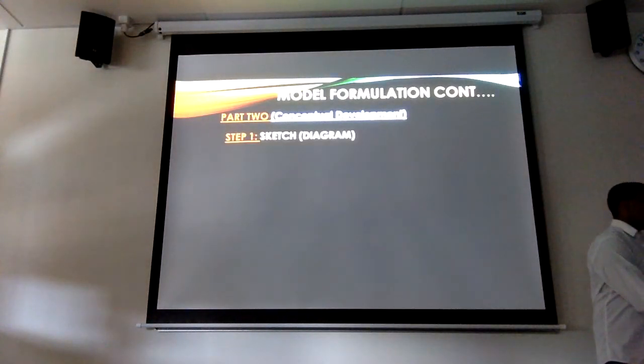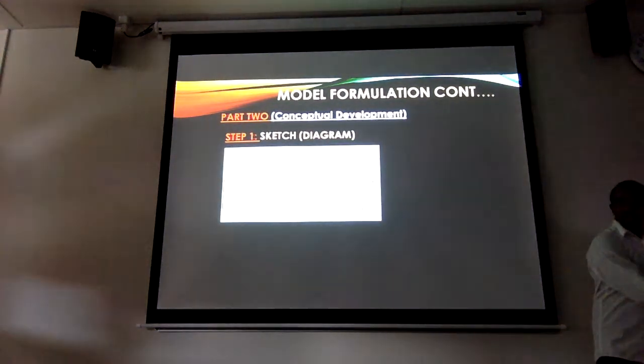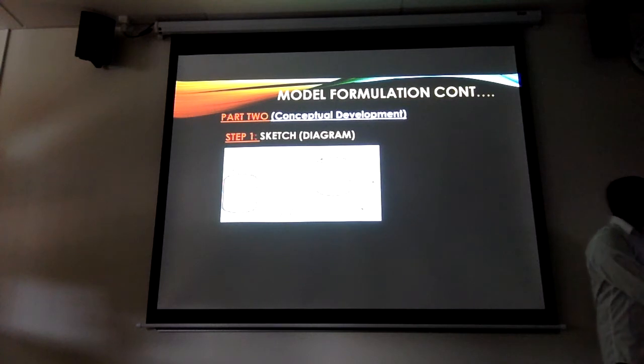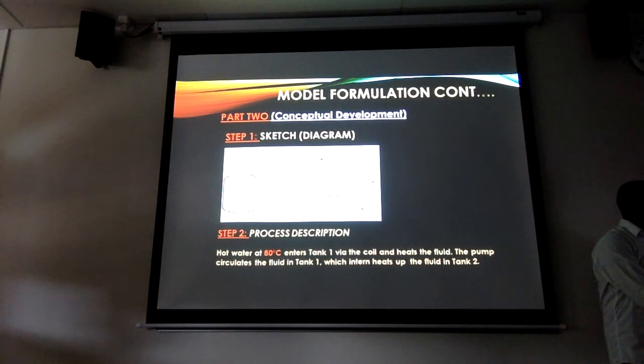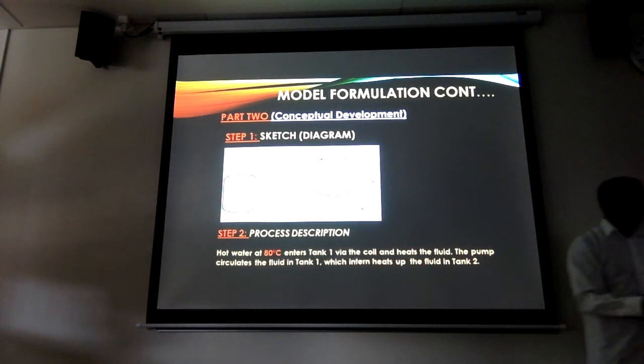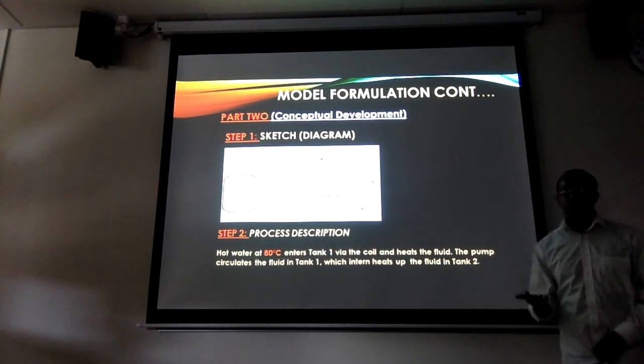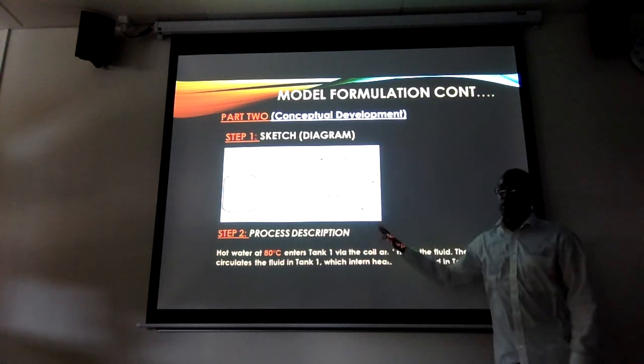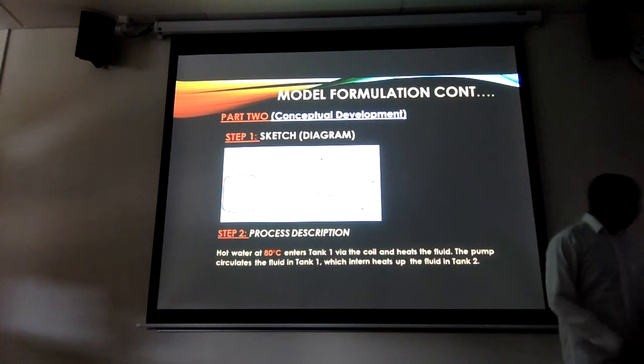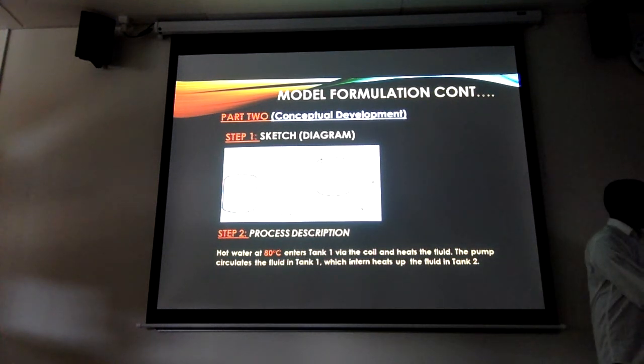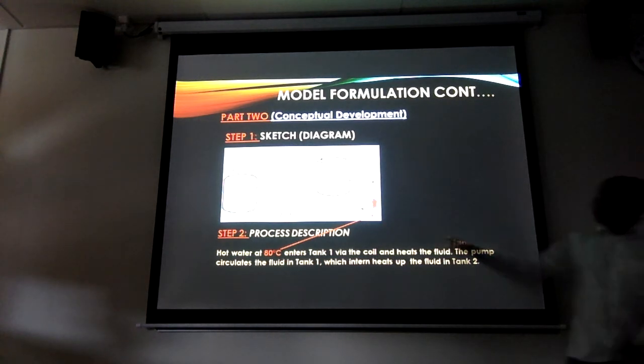Part 2 is the conceptual design, and the first step is to draw a picture. We've already seen the picture, okay, so there's nothing new there. And then the second step is to provide a process description. You describe the process, see what's happening. Okay, and what's happening is quite simple. Okay, so you've got hot water entering through the coil.